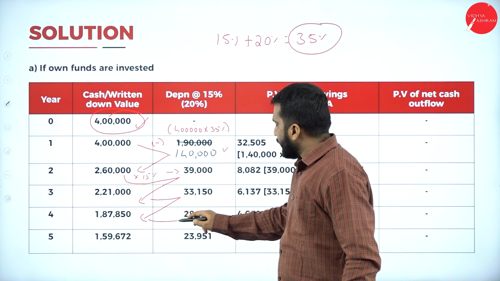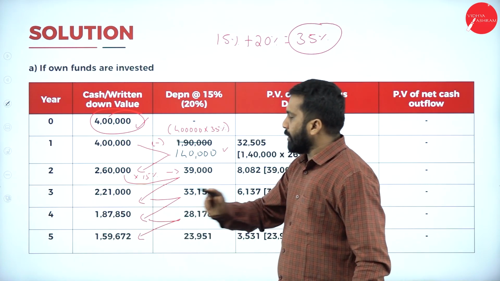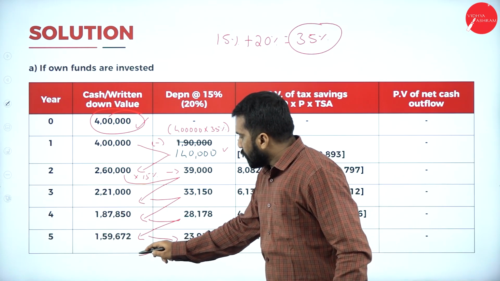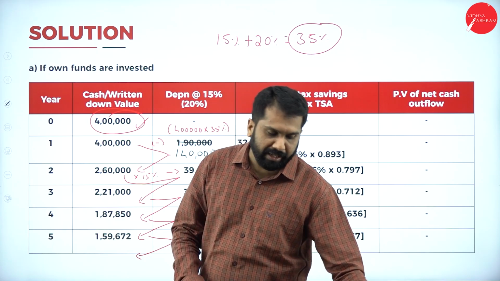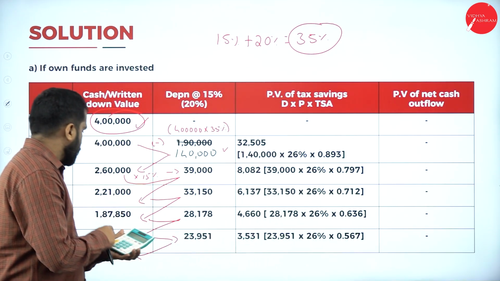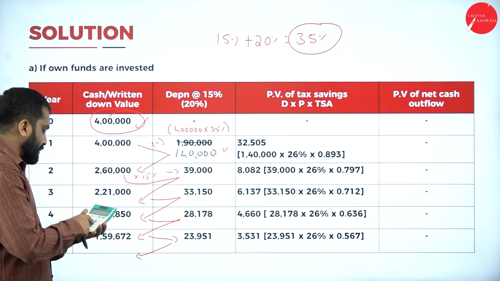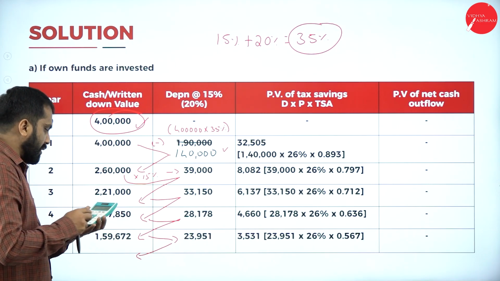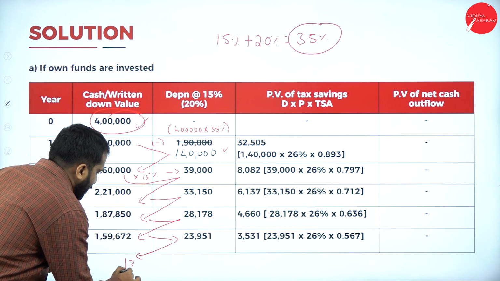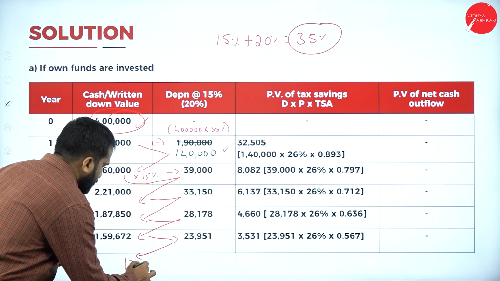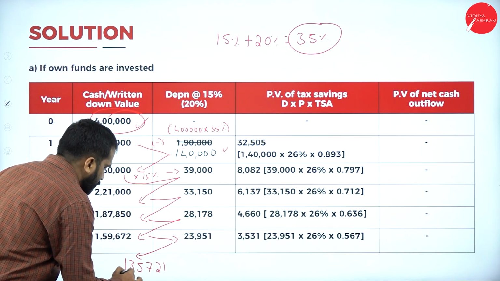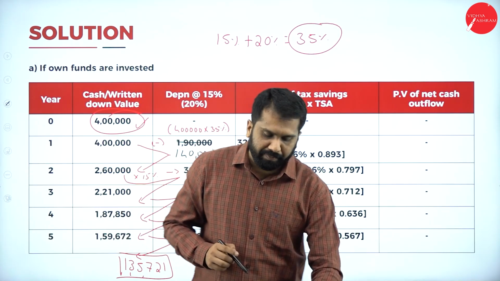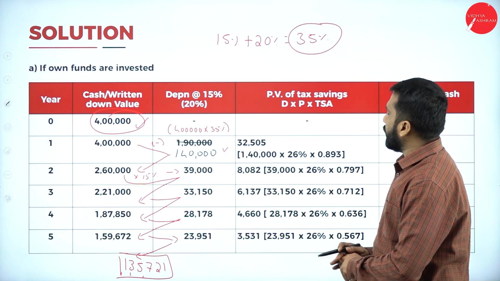From this you minus 28,000, you will get 1,59,000. 1,59,000 you minus 23,000, you will get how much? I'll write 1,59,672 minus 23,951. I got 1,35,721. Hope you are clear. So up to this we are completed.